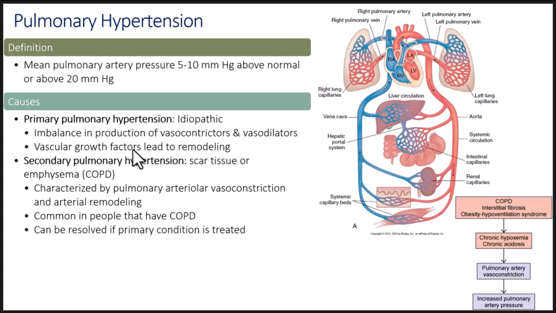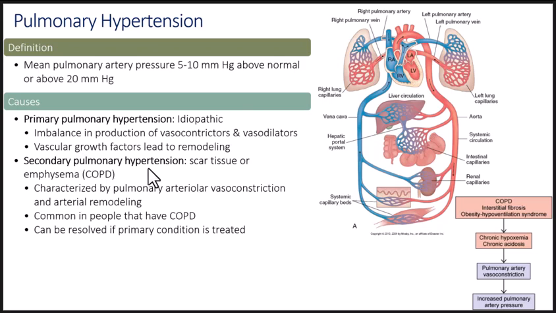And so there's this production of vascular growth factors that cause the arteries to remodel. And that's not a good thing, because we're designed a particular way so that in the case of our pulmonary arteries, they'll do what they need to do. But if we remodel them, then that's going to change their function, because we've changed the structure.